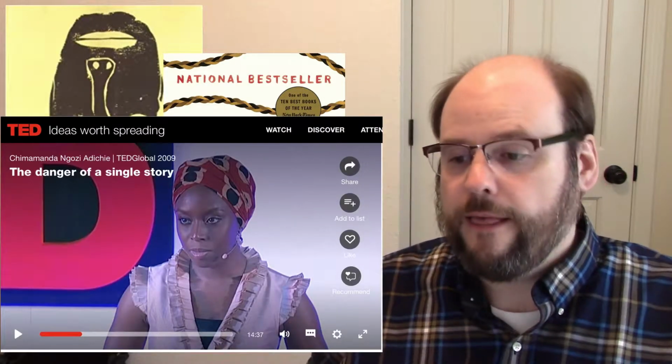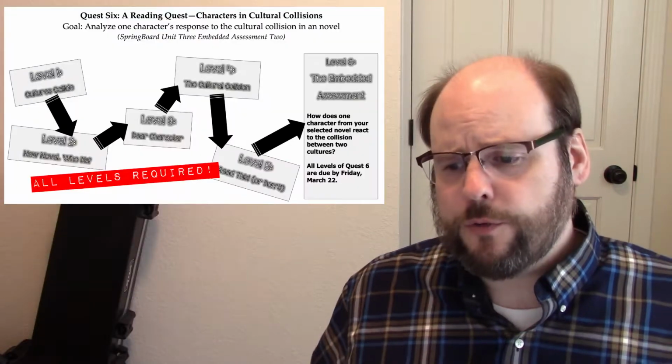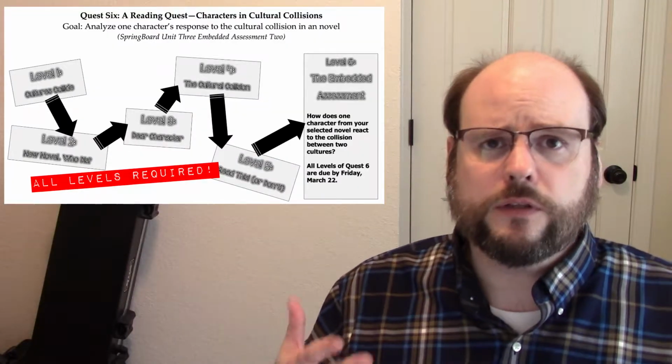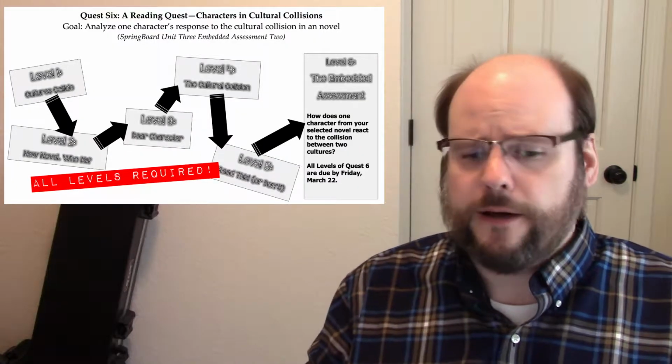The book Americana by Chimamanda Adichie, who you may remember from back in Quest 2, she did a TED Talk, is set in Nigeria in the present day. So you can see the after effects of colonialism in Nigeria, both as it began and now after it has ended. But there are also books by Mexican American or Latin American writers.